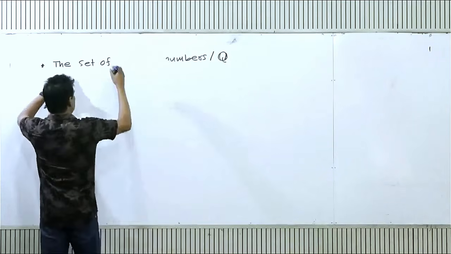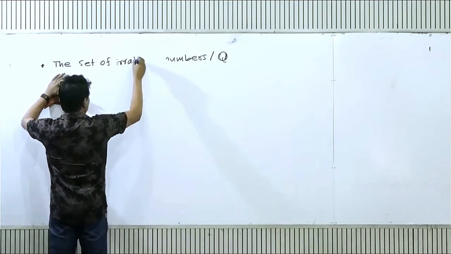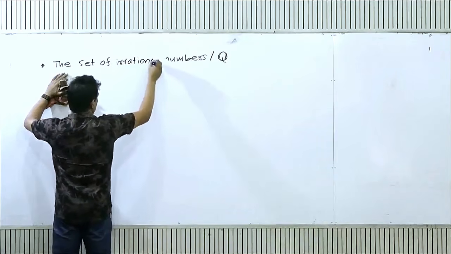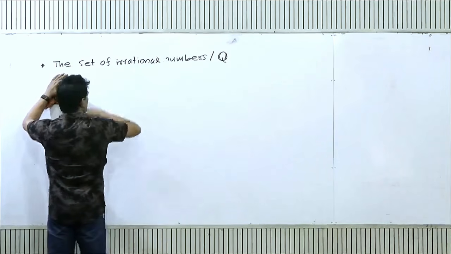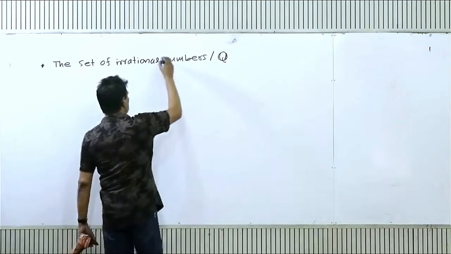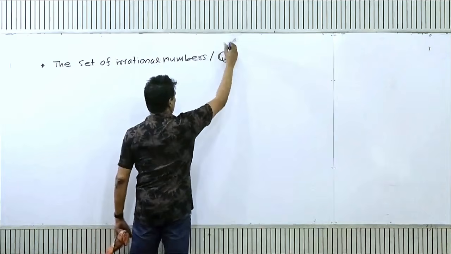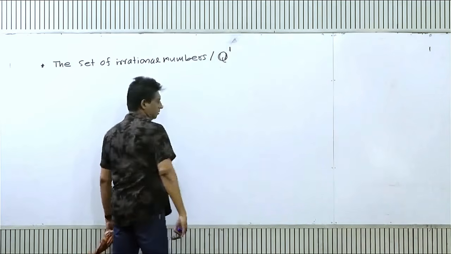The next one, the set of irrational numbers. This is denoted by Q dash.